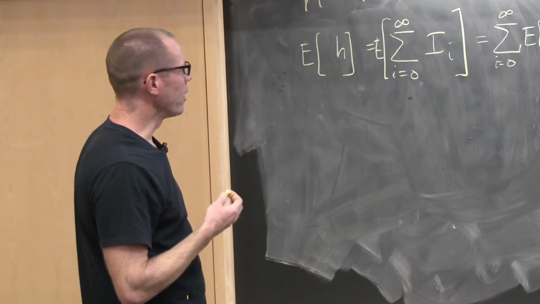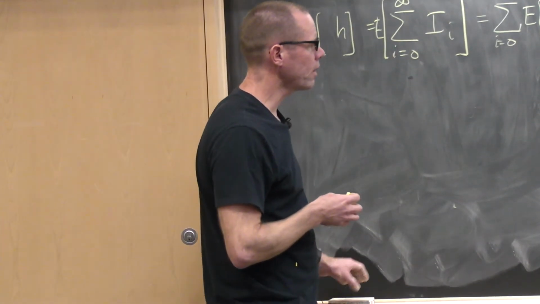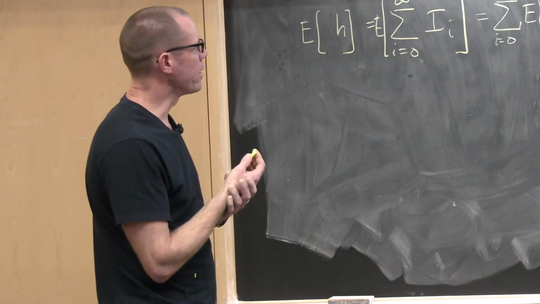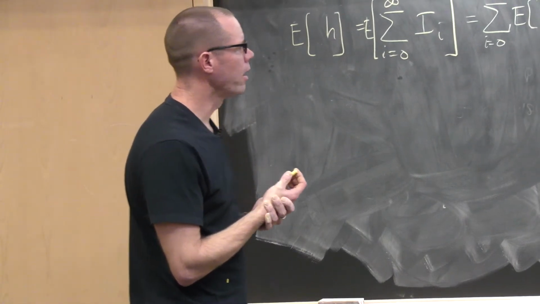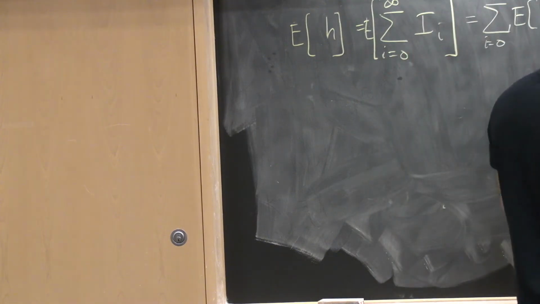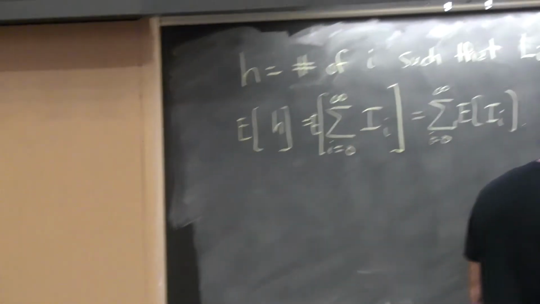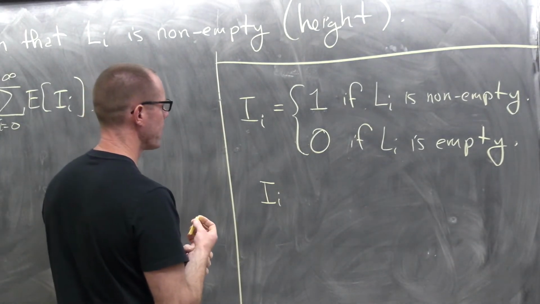So we need something. We need to do a trick here, okay? So let's look at some things we can say about I sub I. Here's something I'll tell you for free.